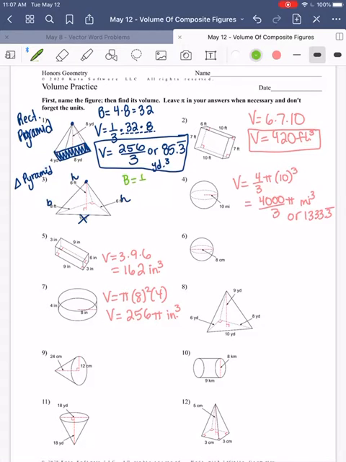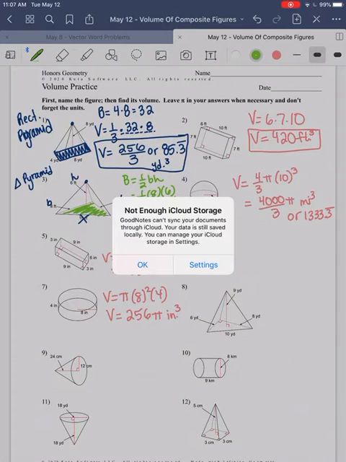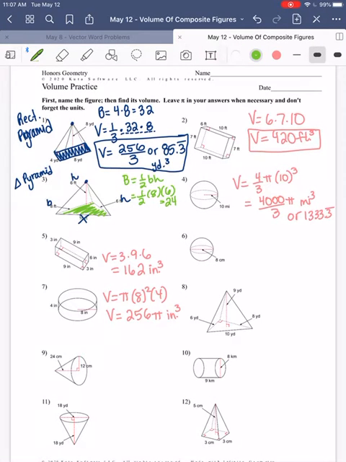So when we do big B first, we're going to do 1/2 base times height. Remember, that's the area of a triangle, just this triangle here. The base and the height can be switched around. The 6 could also be the base and the 8 could also be the height because multiplication is commutative. So we'll do 8 times 6, and that gives me 24. Now I can plug in the formula.